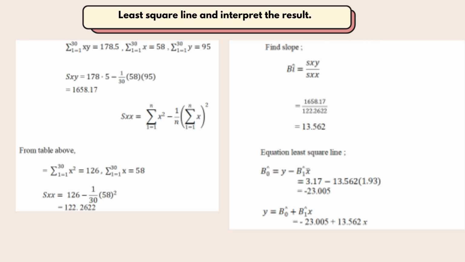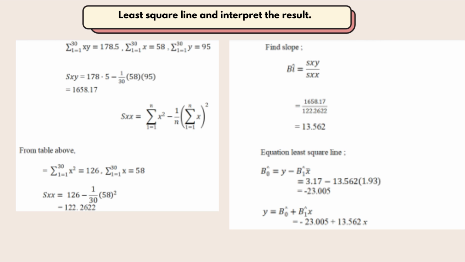The formula of the SSx is summation x to the power of 2 minus 1 over n times summation x then to the power of 2. From the table we have summation x to the power of 2 is 126.